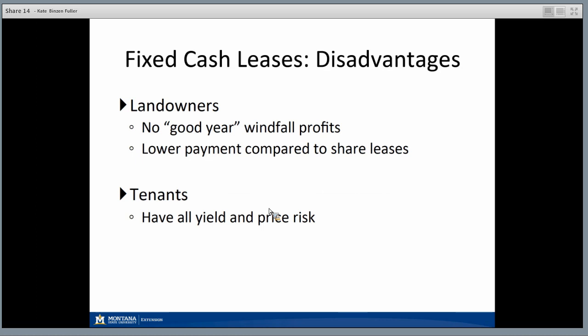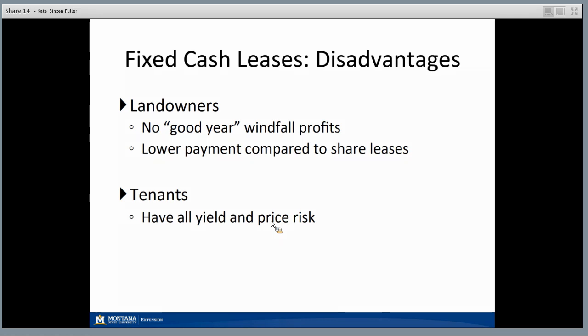So landowners don't get to participate in any of the good year windfall profits. So this was more of an issue a couple of years ago than it is right now, but we saw some very, very good cattle prices, and landowners that had a fixed rate, particularly for a long duration of time, would not have gotten to share in any of those large benefits.